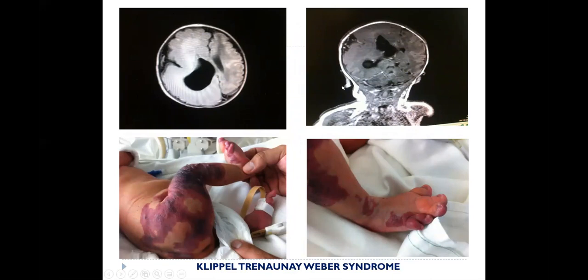It is equivalent to Klippel-Trenaunay-Weber syndrome. It is a syndrome with a pathology in migration; neuronal migration is altered and produces this hemimegalencephaly.